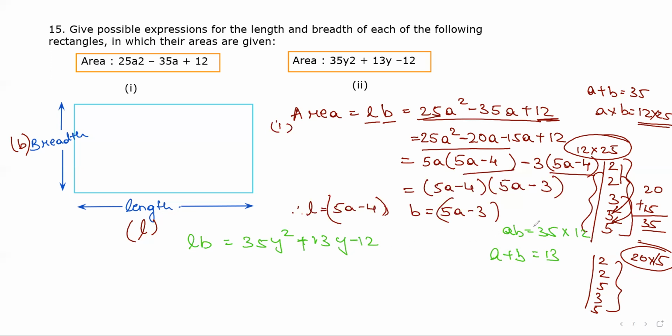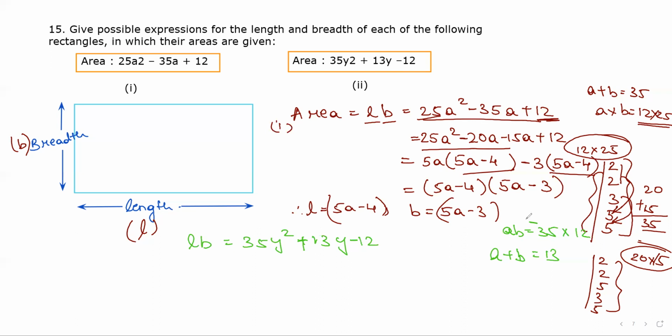Multiplication is negative. Multiplication can be negative only if one of the two factors is negative, and the addition is positive only where the greater value is positive. So the smaller value has to be negative. For the time being, forget that the smaller value is negative. Only concentrate that the subtraction of the two values A and B is to be 13. Okay, so it's not the addition, it's a subtraction, because B being the smaller number will be negative in nature.